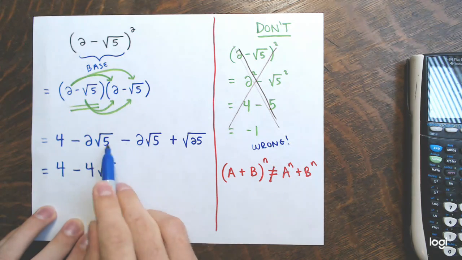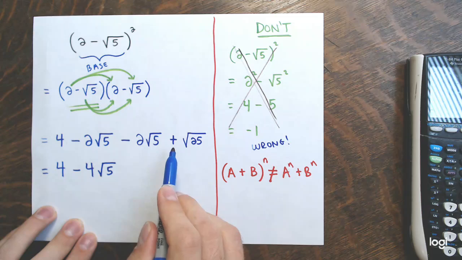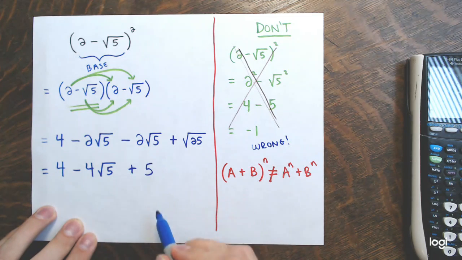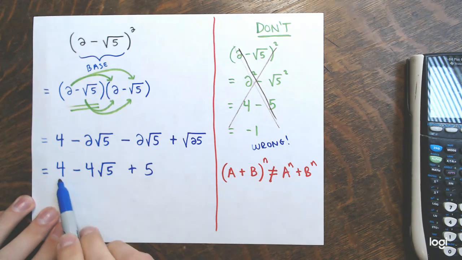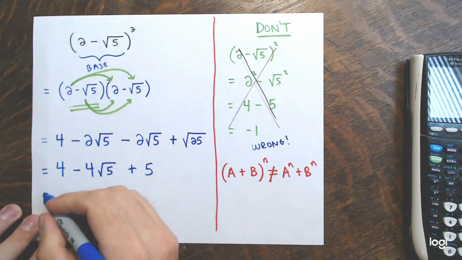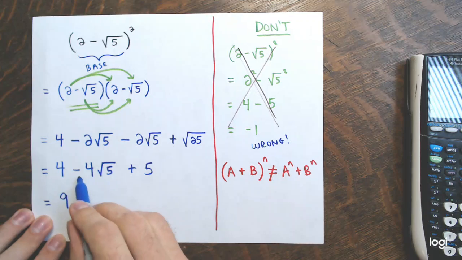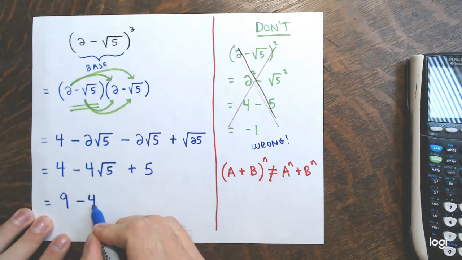Right? That's these two put together. And then plus the square root of 25 is something we should know is 5, right? 5 squared is 25. And then the only other like terms now are the 4 and the 5, the constants. Right? Positive 4, positive 5, when added, when combined, make positive 9. So I have 9, and then you have this other term of minus 4 times the square root of 5.